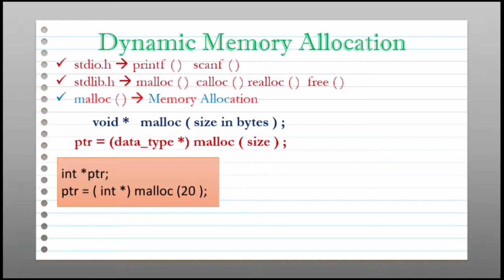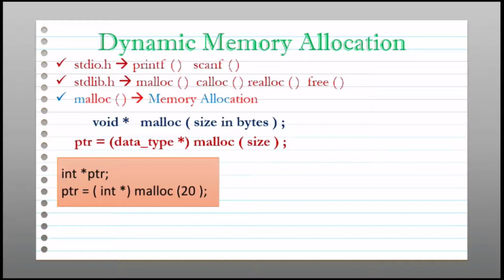But the size of the integer data type depends on the compiler. Some compilers take 2 bytes for one integer, some take 4 bytes for one integer.